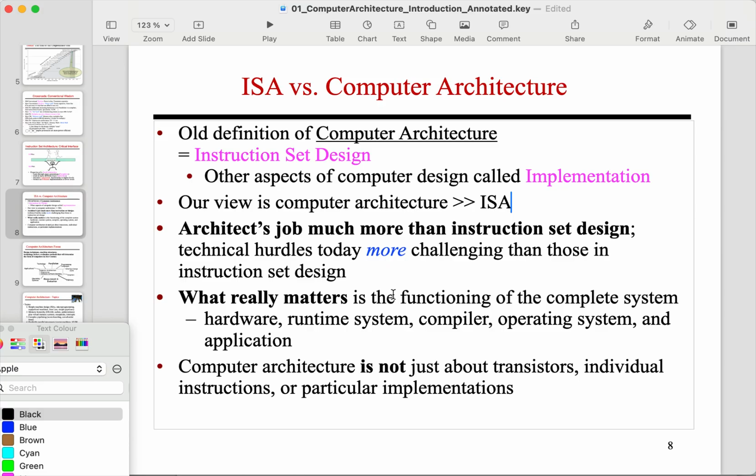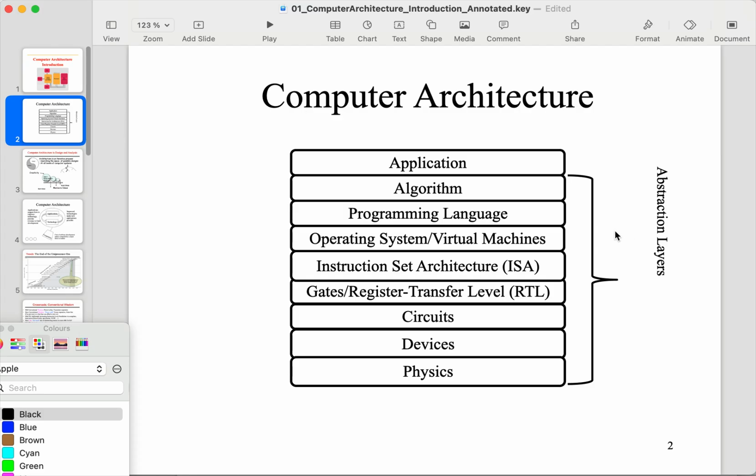So the job of the architect actually includes much more than the instruction set design, because we have seen an entire stack here of abstraction layers of the computer architecture. So the designer of the architecture could be working at any of those levels.